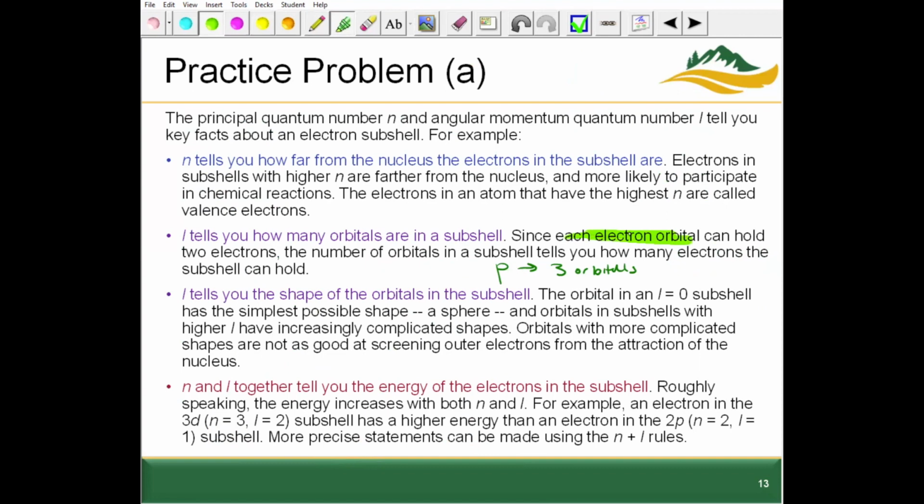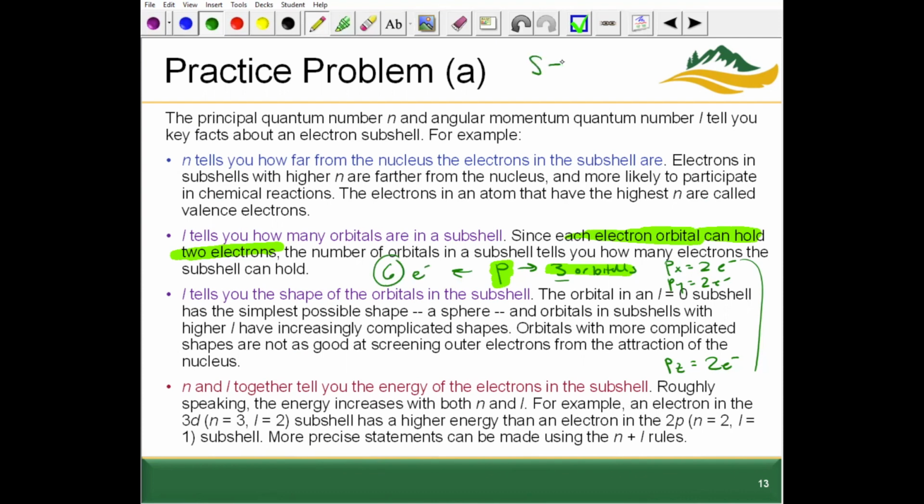Each electron orbital can hold 2 electrons. How many electrons could be found in our 3 p orbitals? In px, that's 2 electrons. Py, that's another 2 electrons. Pz, that's another 2 electrons. In total, the 3 p orbitals can hold up to 6 electrons.